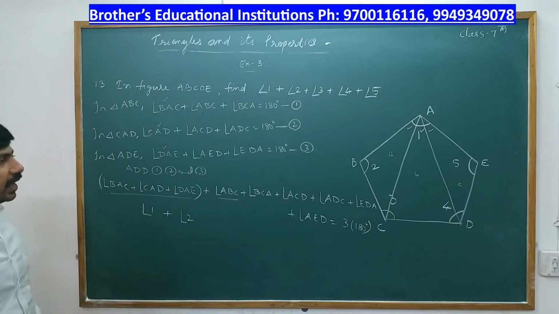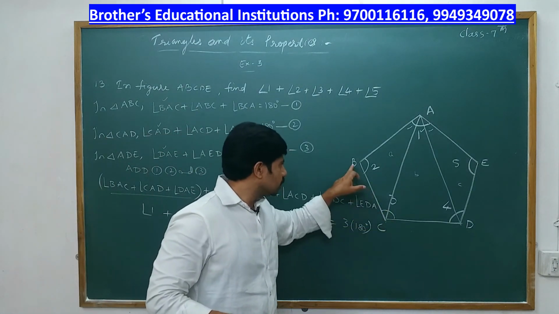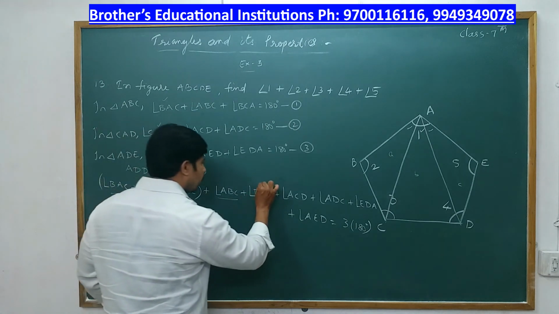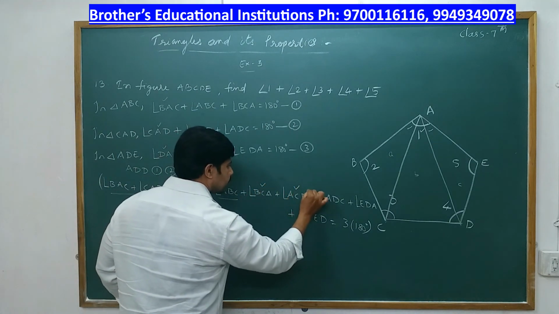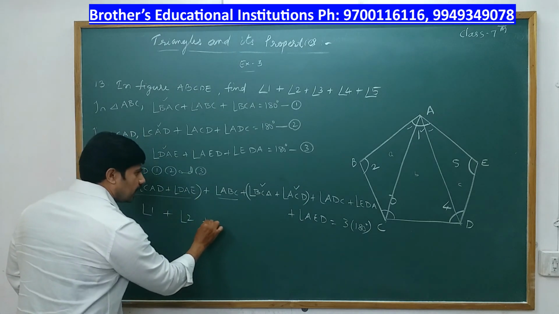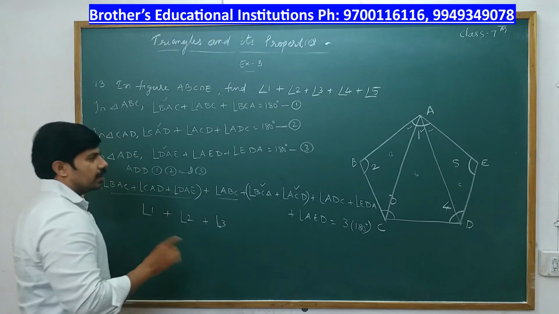Then what is angle 3? Angle 3 is based on C. That is BCA plus ACD. BCA plus ACD is nothing but angle 3. So write angle 3.